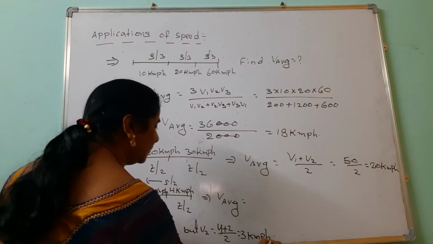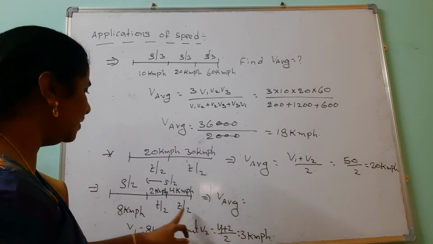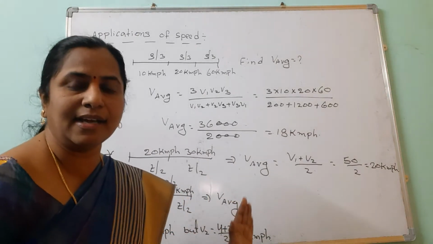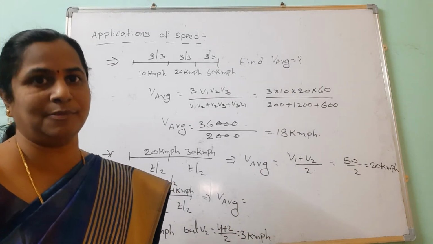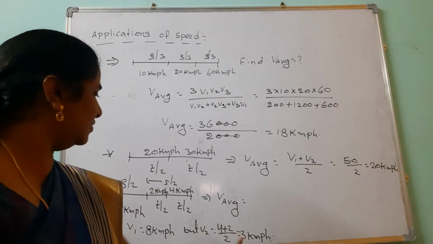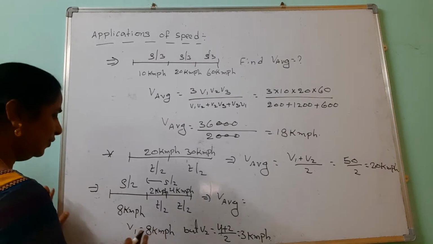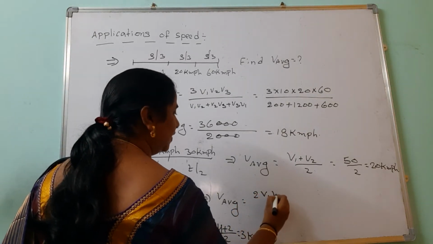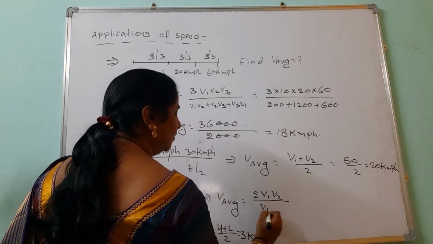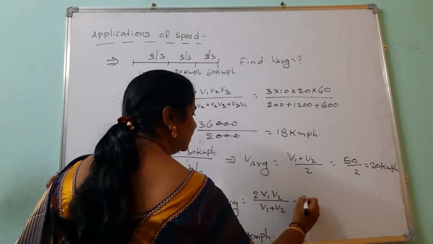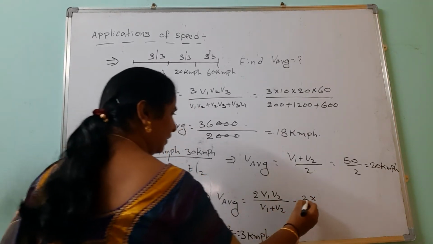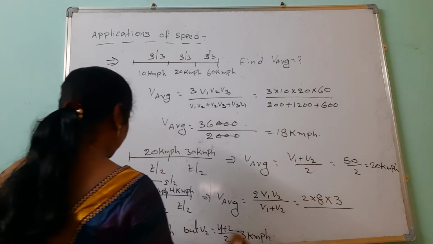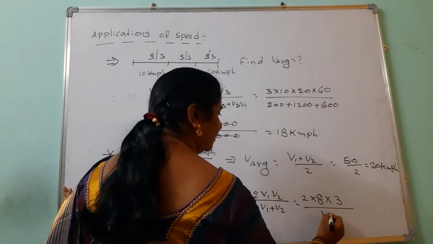Here we applied the half of the time formula. At the same time, for half of the distance, the second half is going with what speed? That is v2 equals 3 km/h. Now you know v1 and v2. As usual we should use 2v1v2 by v1 plus v2. So 2 into 8 into 3 by v1 plus v2, 11.